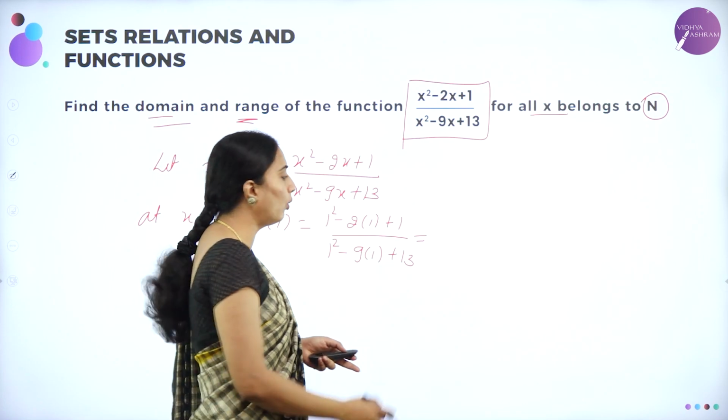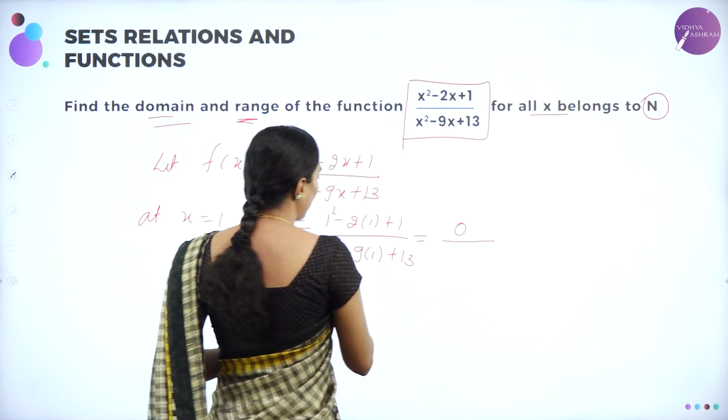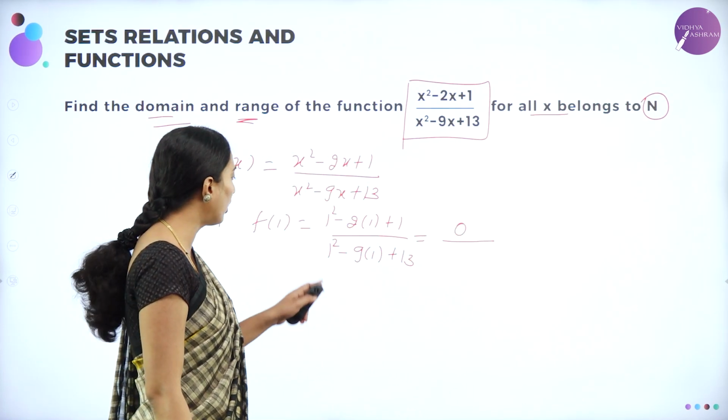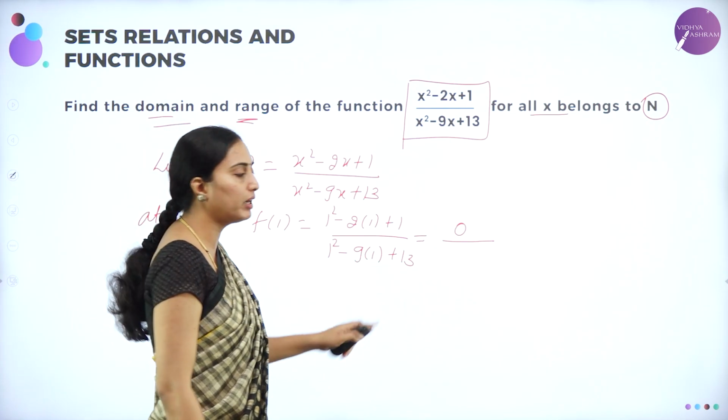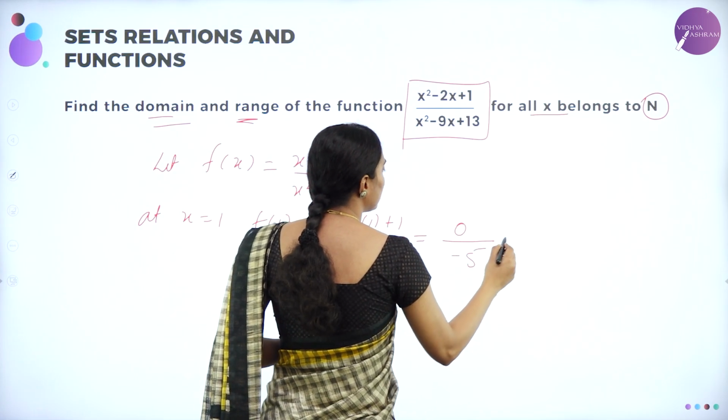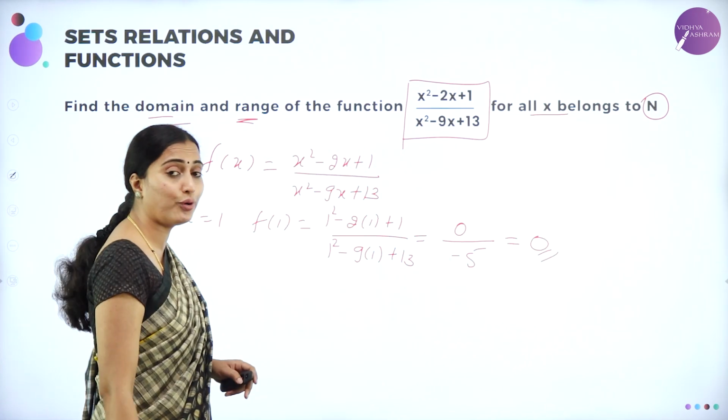Minus 1 plus 1, 0. 0 by anything is nothing but 0 only. Let me calculate the denominator if you want. 1 minus 9 is nothing but minus 8. Minus 8 plus 13 is nothing but 5. Correct? So 0 divided by 5 is nothing but 0 only you are going to get.